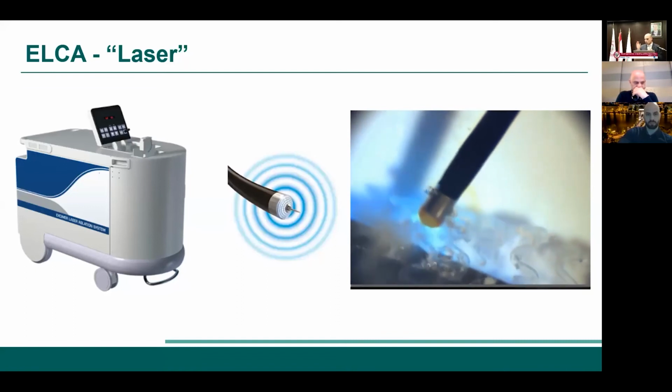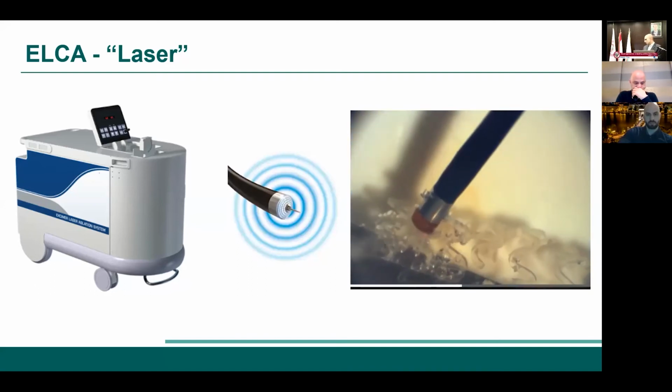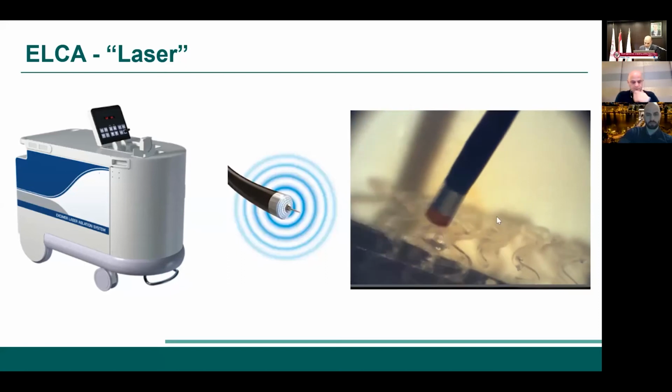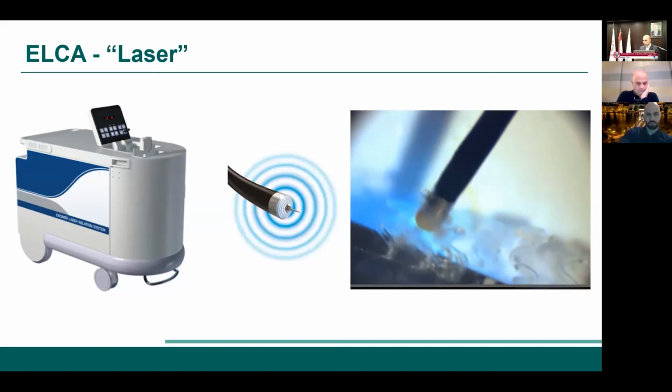We all later knew these are bulky struts; they will protrude, they're thick, and they can potentially cause thrombosis. But during that time, we did probably around 50 cases total of in-stent restenosis, stent failure, with laser.